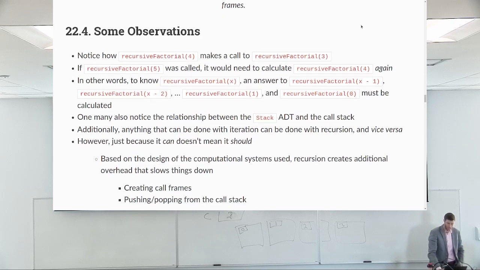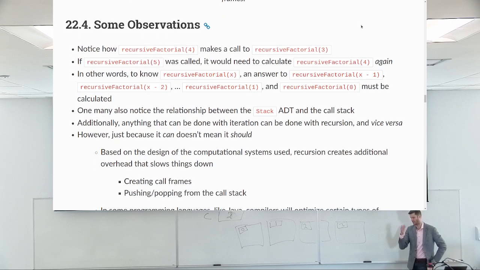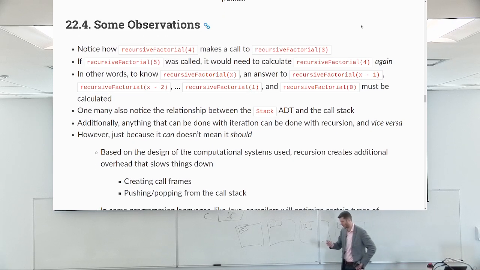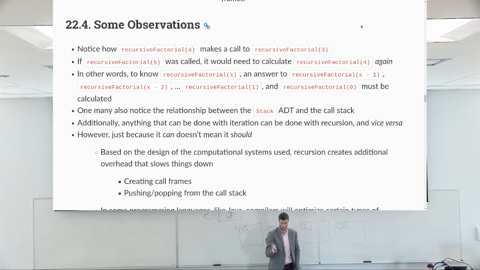All right, some observations. This is what I was trying to reason about how best to explain a moment ago. This is an observation to me. You don't need to rationalize how important this observation is right now, but I want you to notice something. Notice how recursive factorial 4 makes a call to recursive factorial 3. That's not shocking.